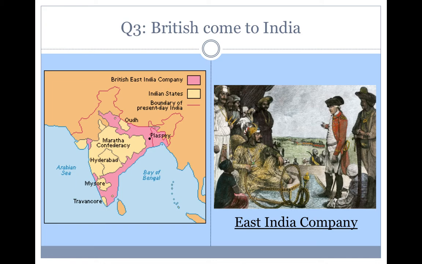Which is highlighted if you look on that map. All the pink would be those areas that they started to take over, which is all along the different trade routes and areas of precise control.